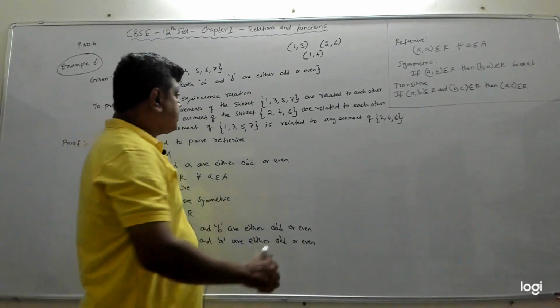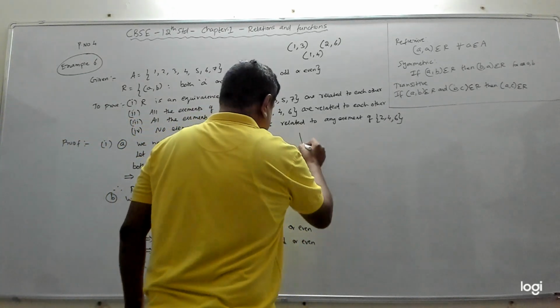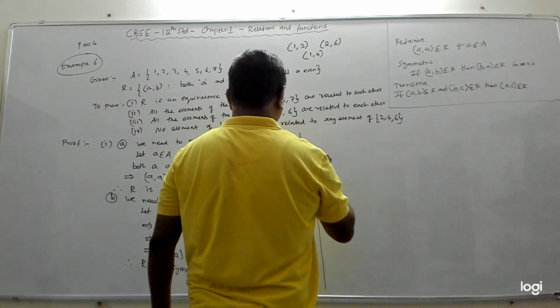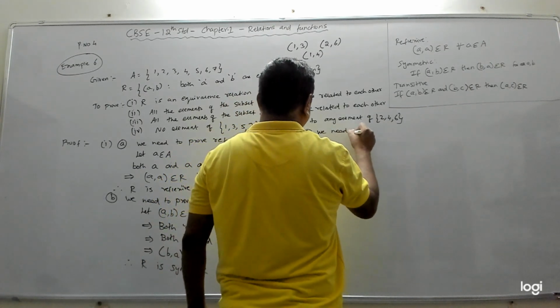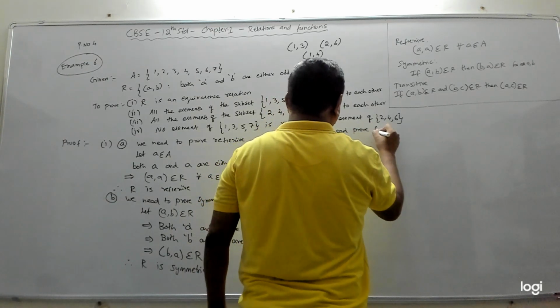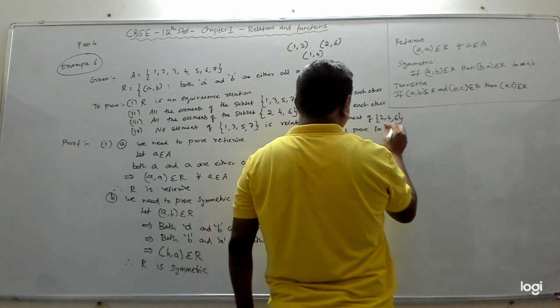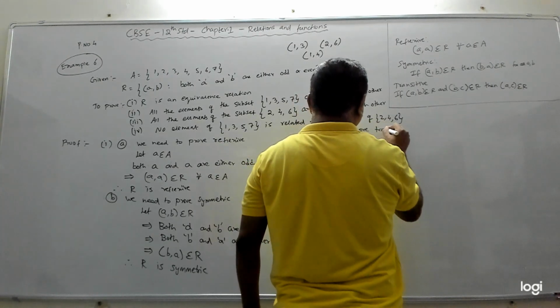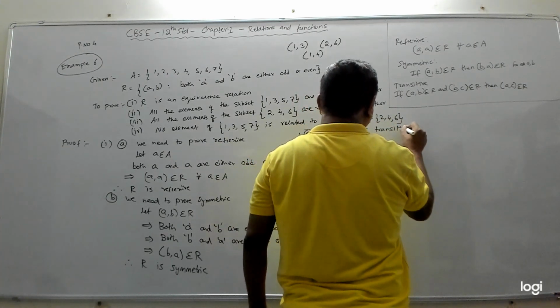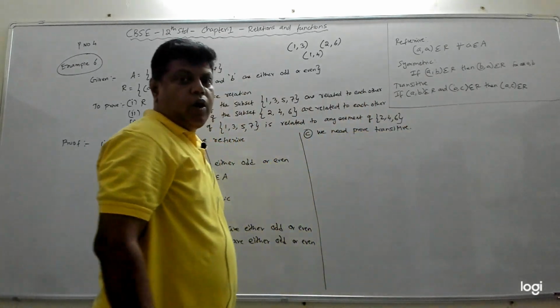Now, next we have to prove transitivity, right? So, C part. We need to prove transitive. How do we prove transitive?